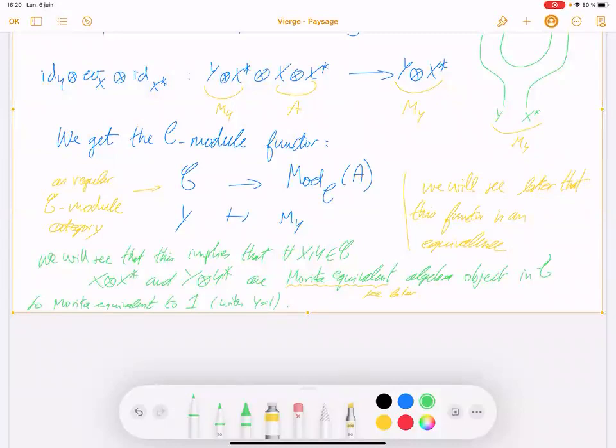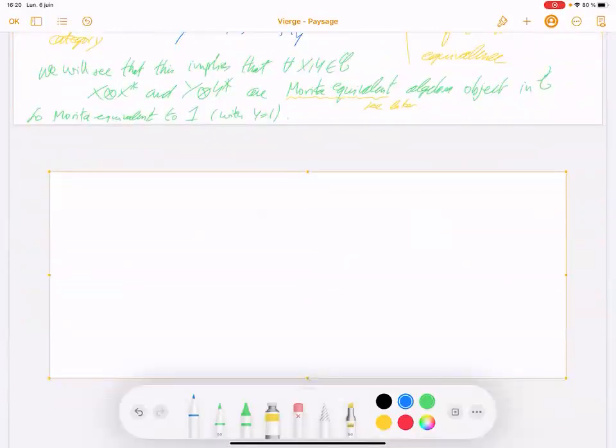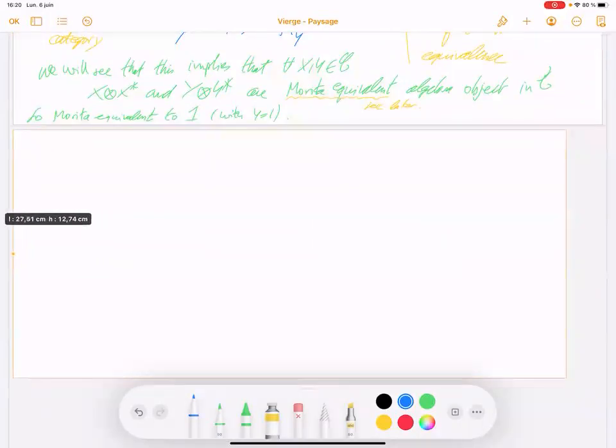Any A module is an object in C. So you have a forgetful functor from mod CA to C. And for this forgetful functor, we will provide an adjoint. That adjoint will be a functor from C to mod CA.